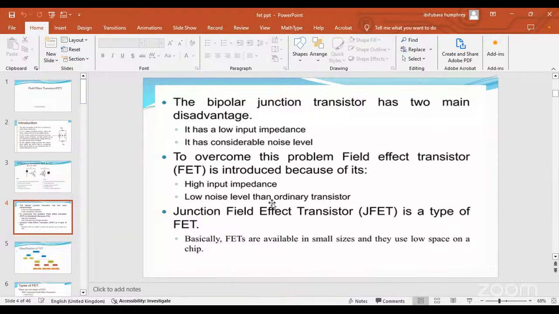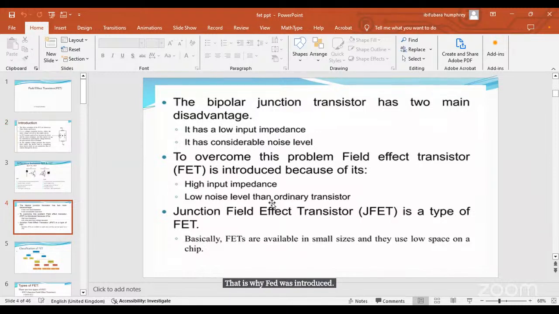So BJT produces noise, and when you use it for a sound system, that is when you will always hear the noise. To overcome this problem, that is why FET was introduced.